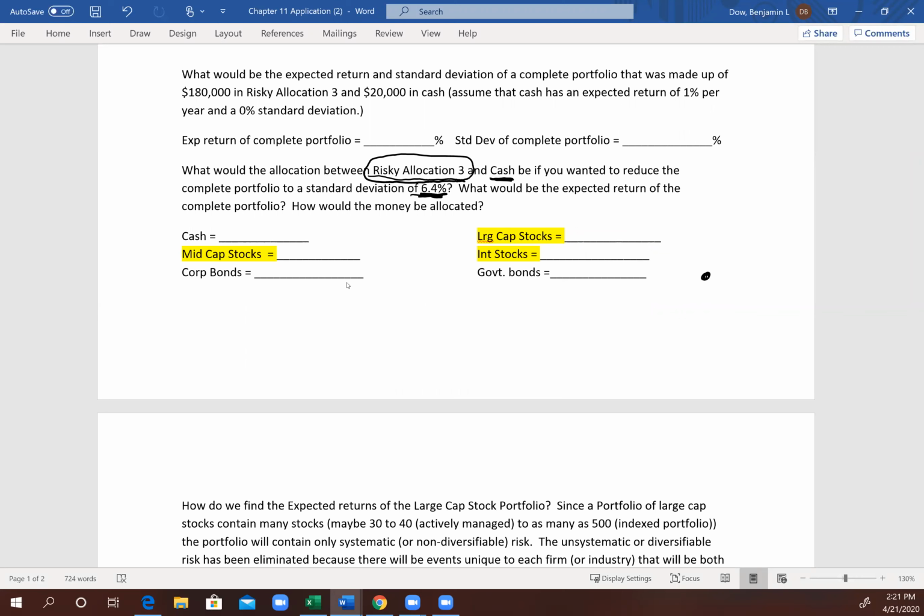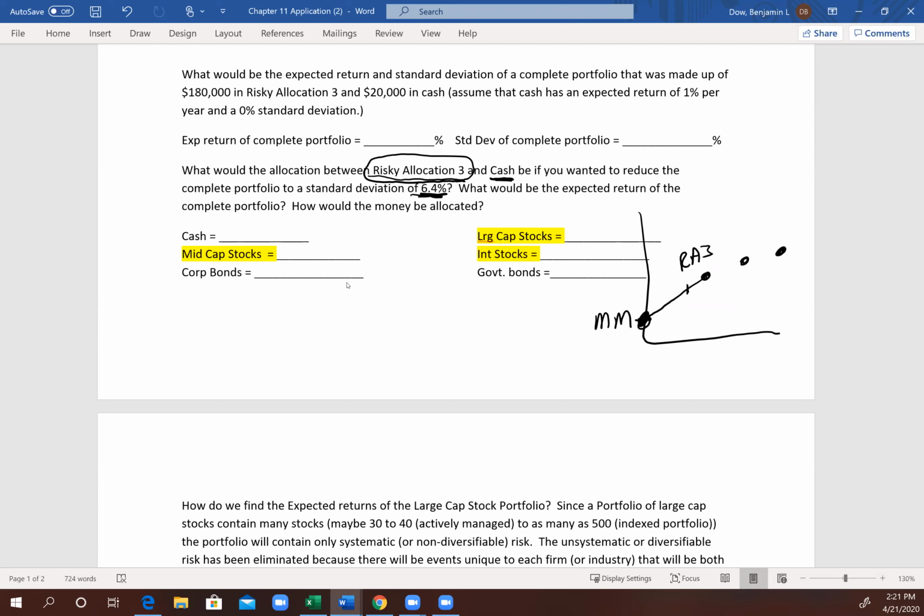So if this was RA3 in a plot format and you wanted to reduce the risk even further, you could combine it with risk-free securities. Okay.